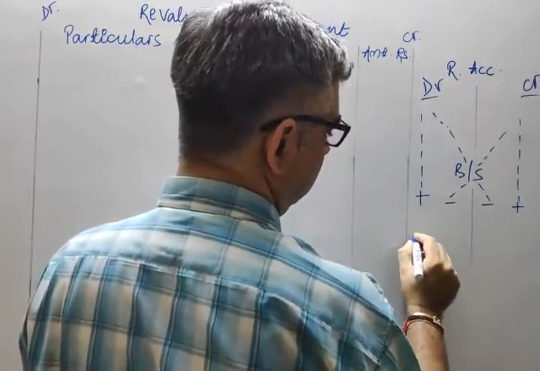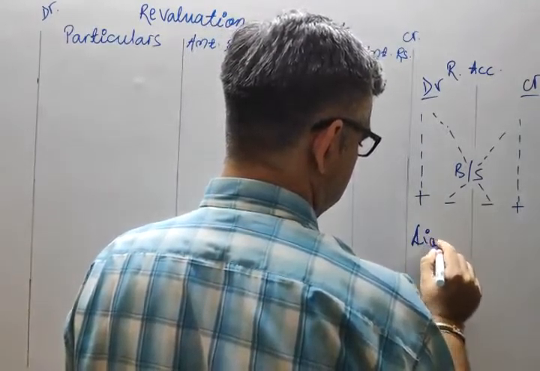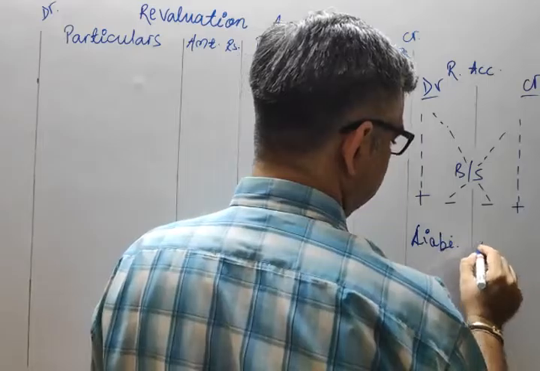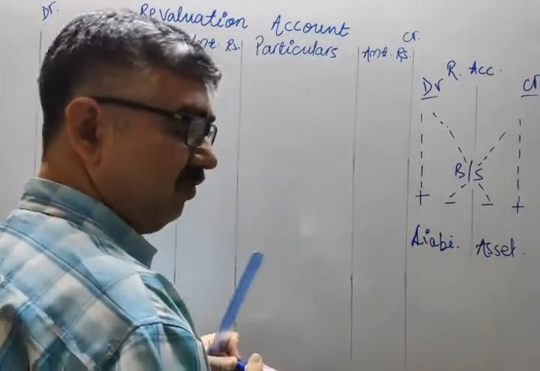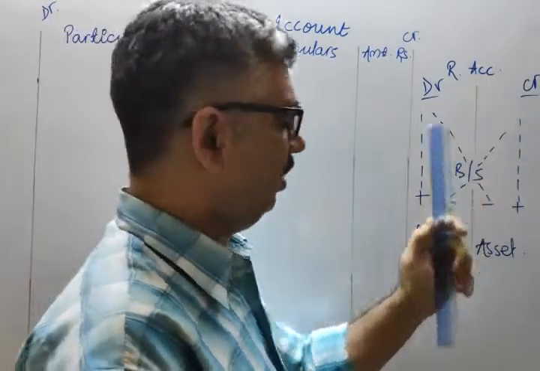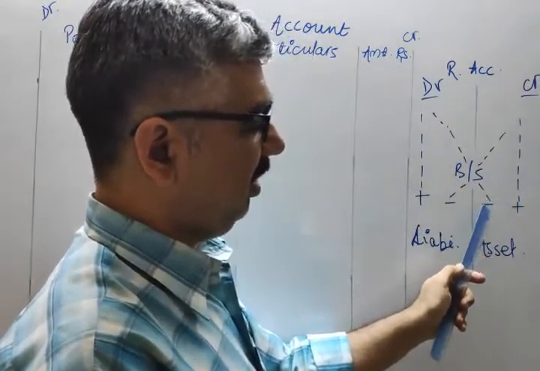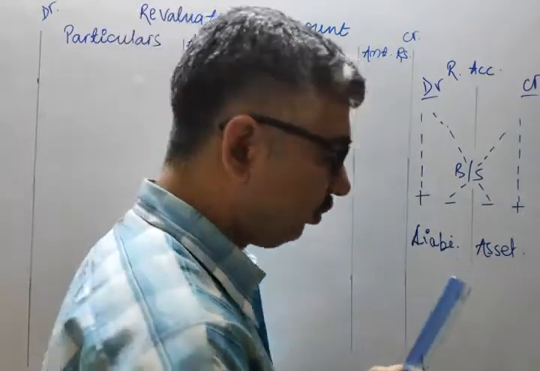or here this is your liability, this is your asset. So if your asset increased, it's a benefit, should be on the credit side. If your asset decreased, it's a kind of loss, should be on the debit side.